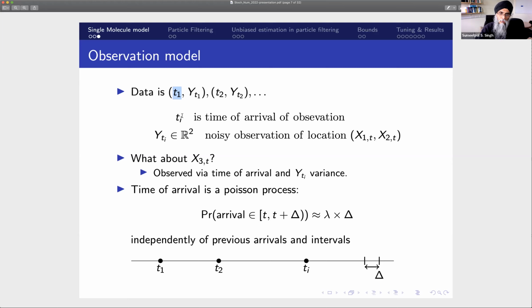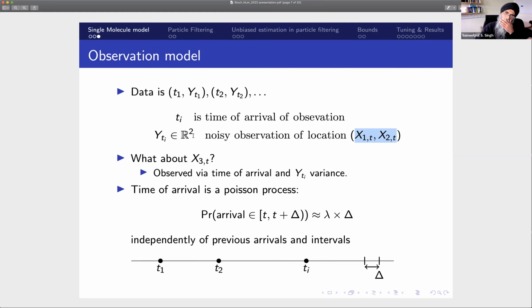And then associated with each arrival time, we have a particular observation, y_t1 for time t1, y_t2 for time t2. And this is a two-dimensional vector, which is a noisy observation of the location of the molecule. Remember, the molecule has three coordinates, its depth and its x and y location, and y will give us a noisy observation of the location.